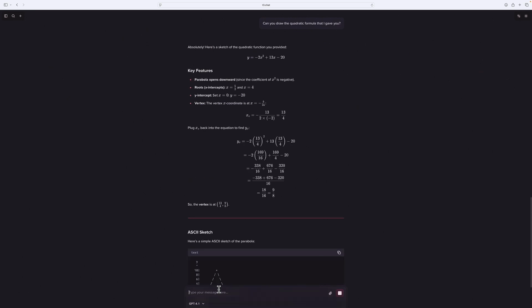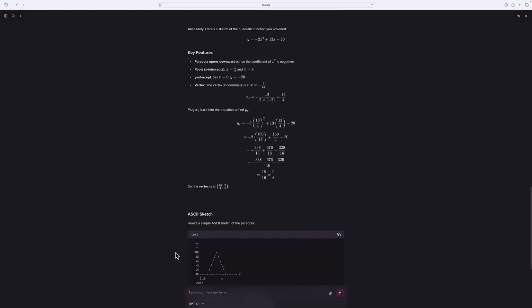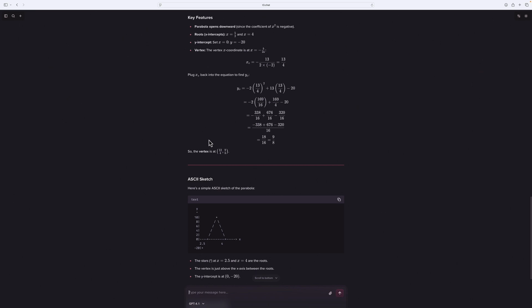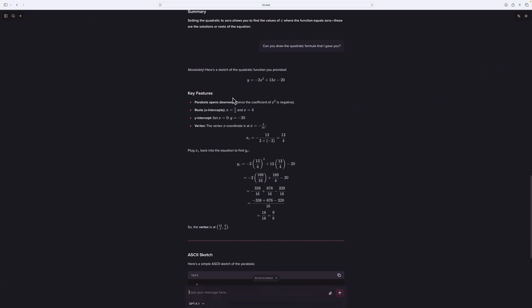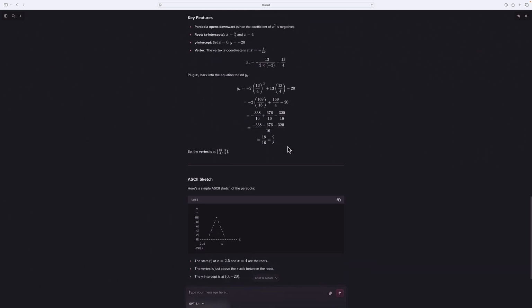So apparently you can ask it, and it says right here that the one thing you'll need to sketch this are the roots and the vertex, which it gives you the formula, x equals negative b over 2a, which gives you 13 over 4. And then it does what they call an ASCII sketch.